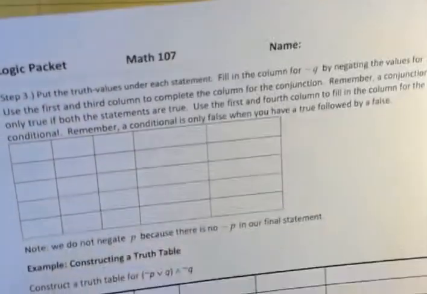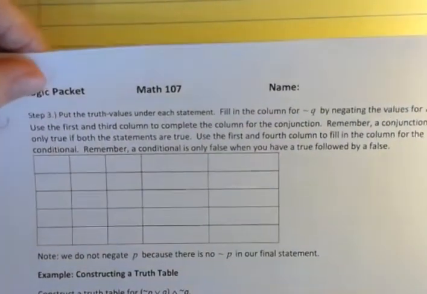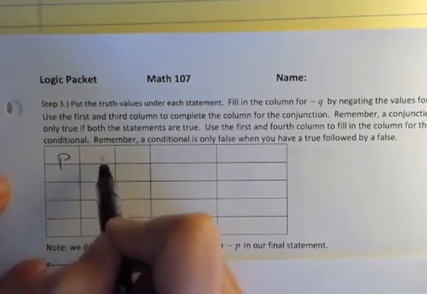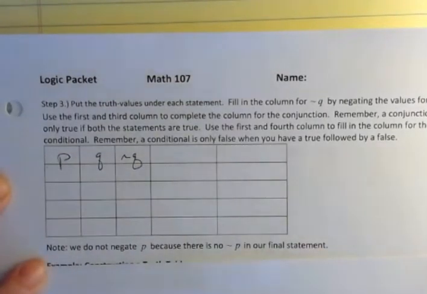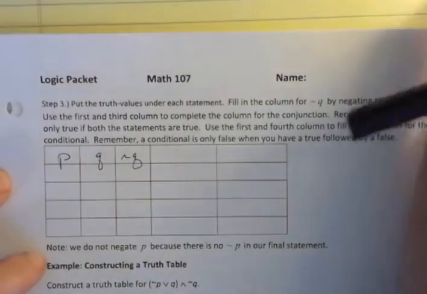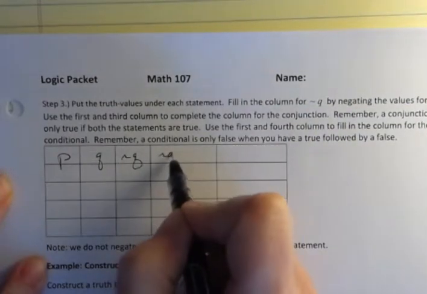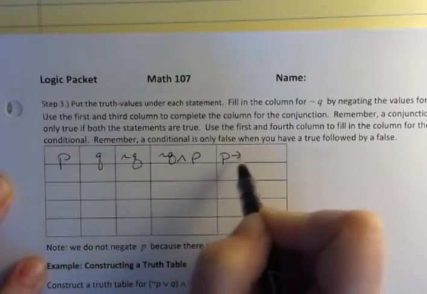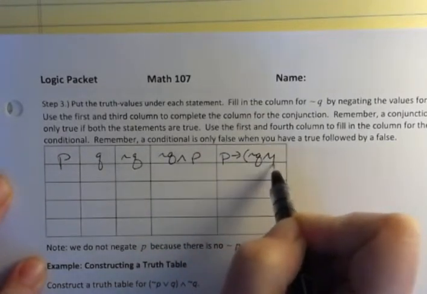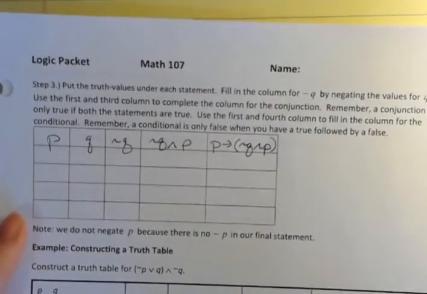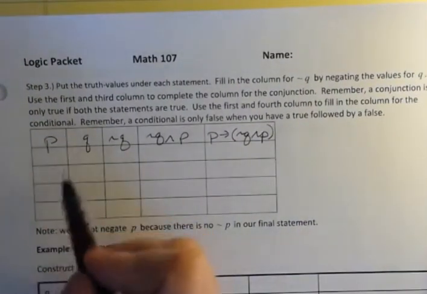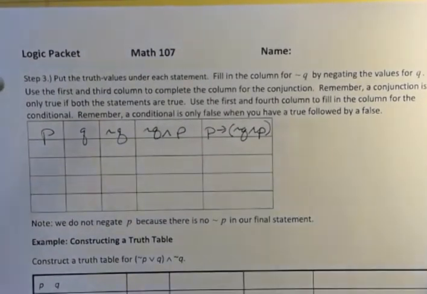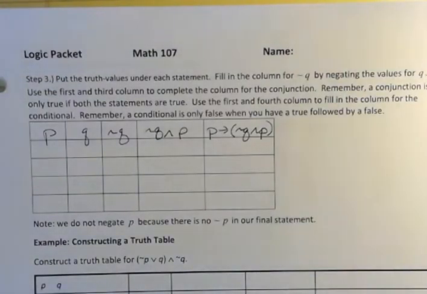So bringing that up to the next page, fill in the truth table. So I'm going to have P and Q and not Q, not Q and P, and then P implies not Q and P. Okay, so there are 4 lines here because I had 2 statements, and I know I always have 2 to the second, or 4 lines, with 2 statements.